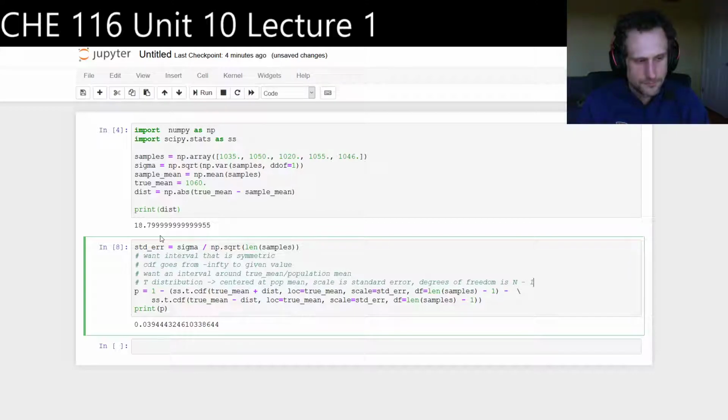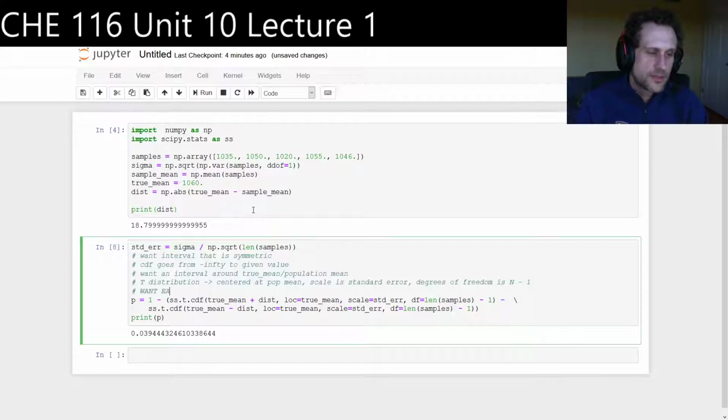All right, so let's talk a little bit about that 1 minus part. Just remember, we want the extreme area. We want the interval area away from the boring, center, null values. We want the extreme values.